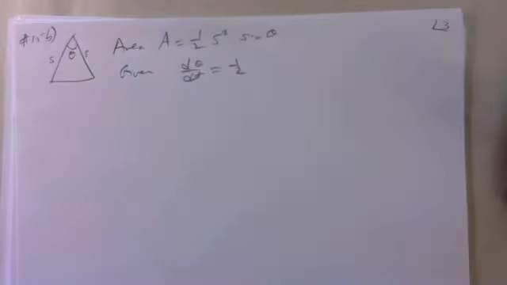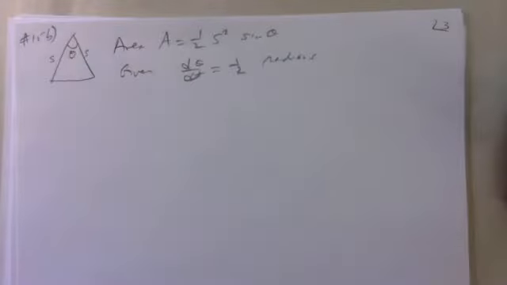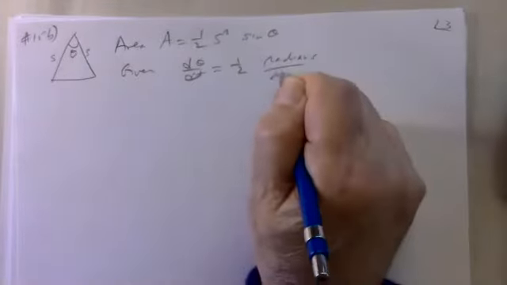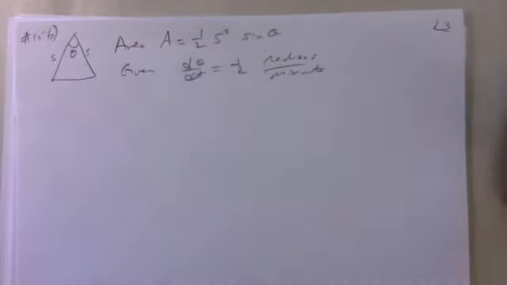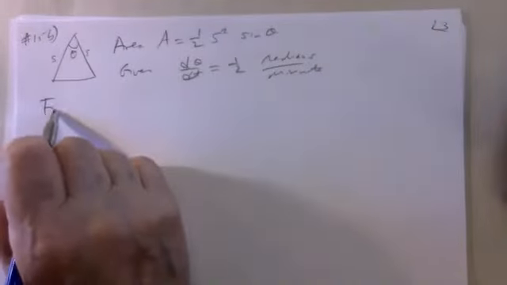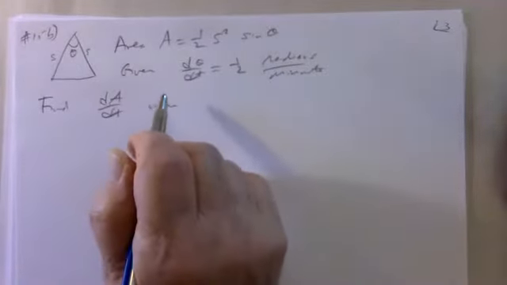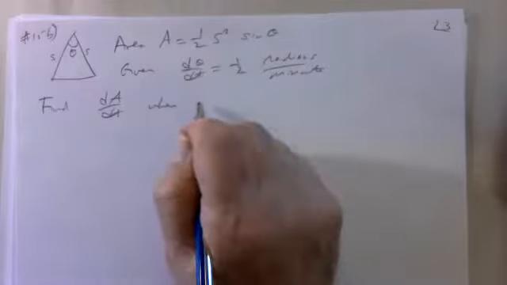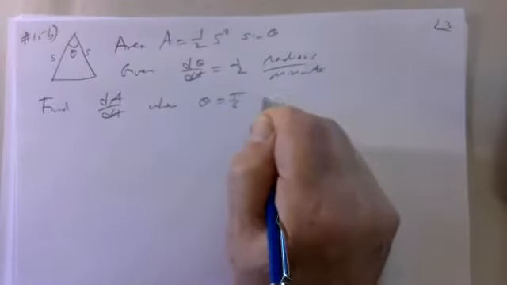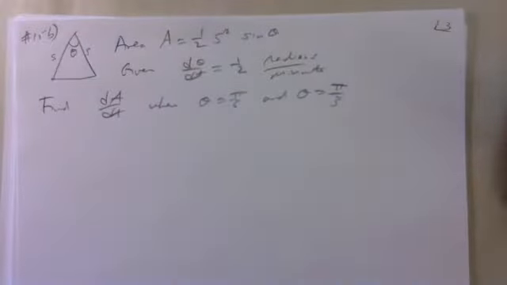If you say degrees, you're wrong. You can't measure angles in degrees. You measure in radians once you get past high school. Radians per minute. So this angle theta is increasing, and we want to find how fast the area is increasing, dA/dt, for two different values of the angle: when theta equals pi over 6 and theta equals pi over 3.